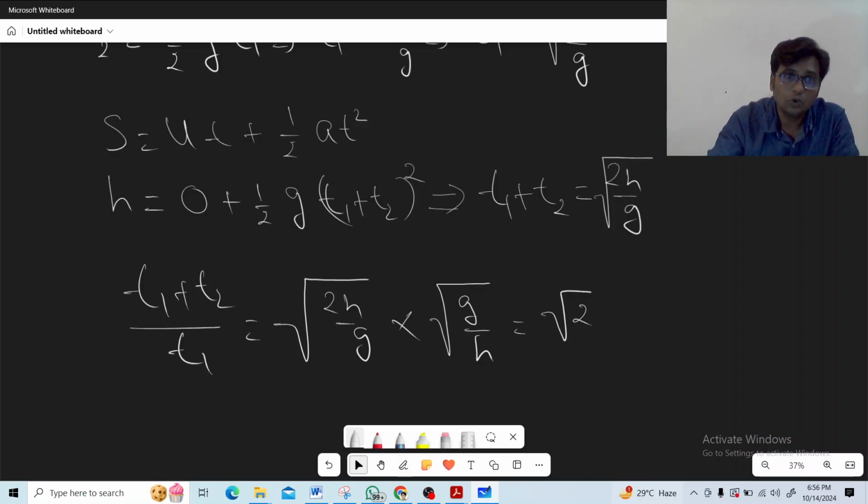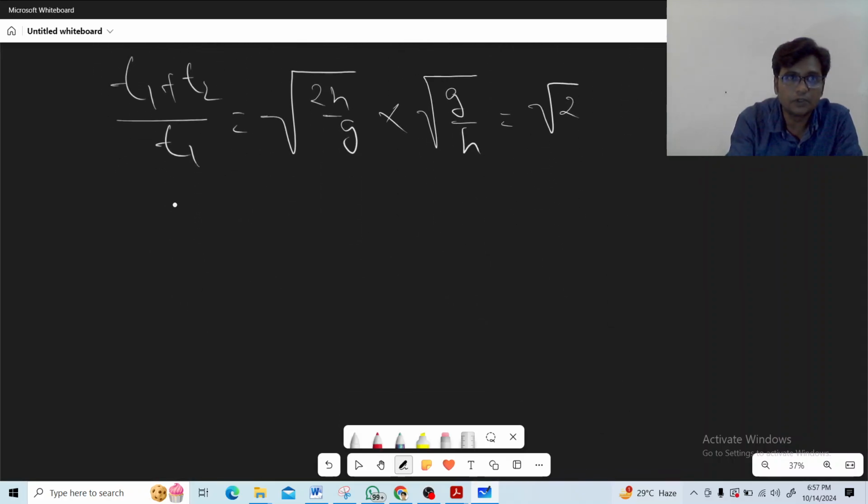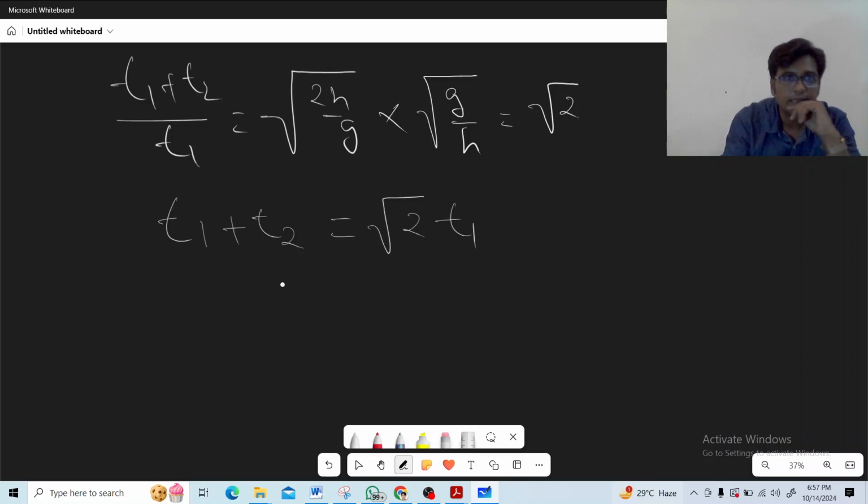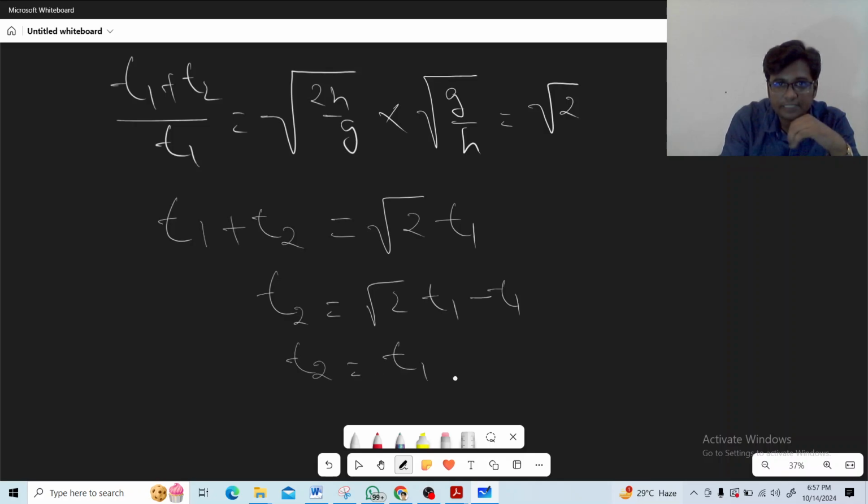Okay, so what we get from this equation is that t1 plus t2 is equal to root 2 t1. And t2 will be root 2 t1 minus t1, right? And then we can take t1 outside, so t2 will be (root 2 minus 1) t1.